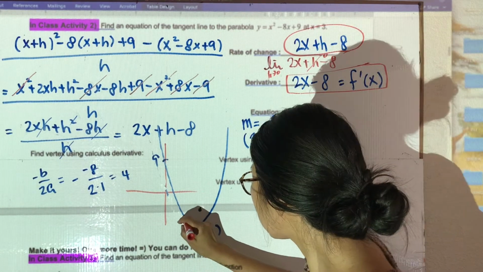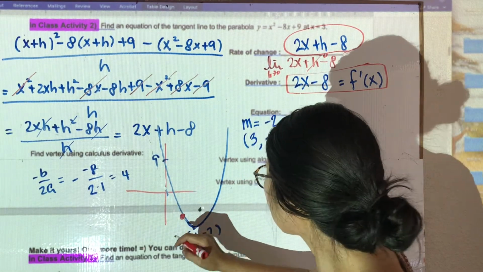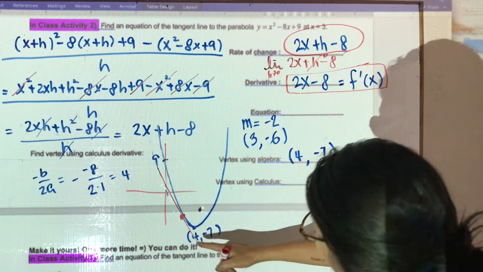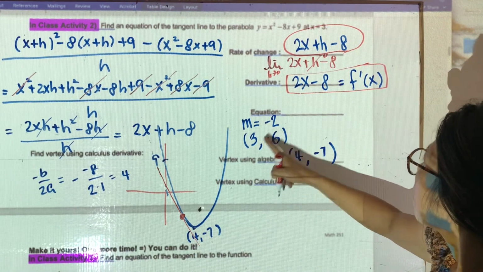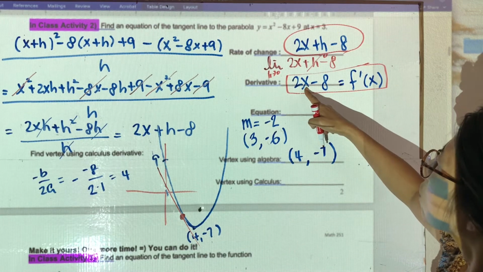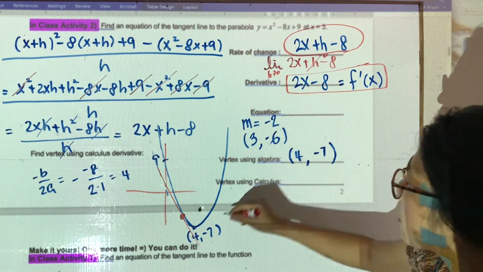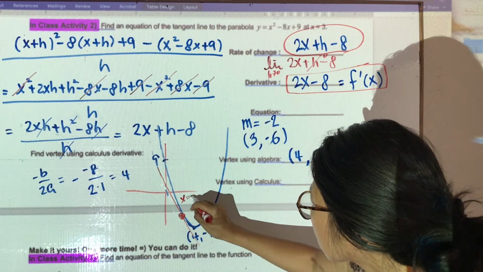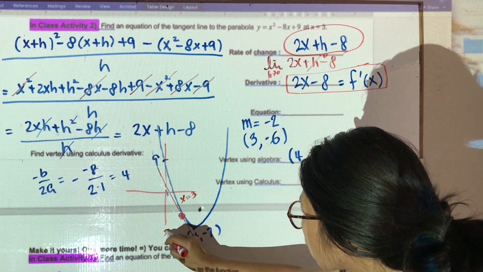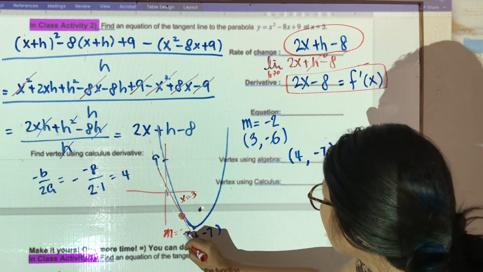Did you notice that at 3 my slope is going to be negative? So I'm going to plug in 3. If I plug in 3, do you see that at that moment, when x is 3, the slope is going to be -2.